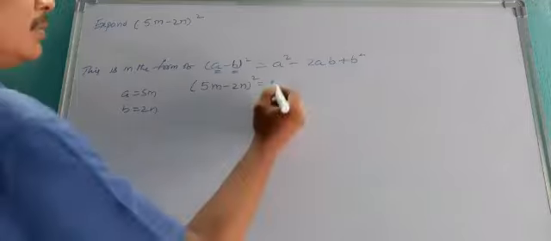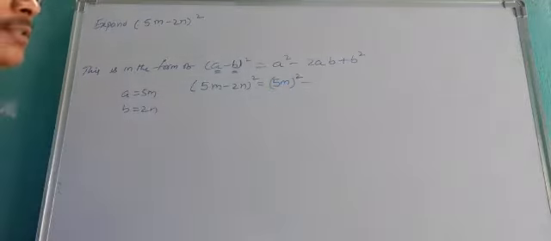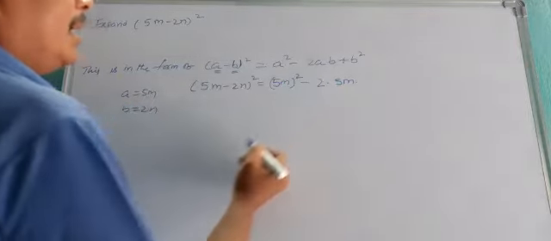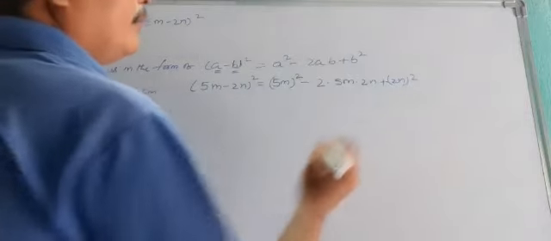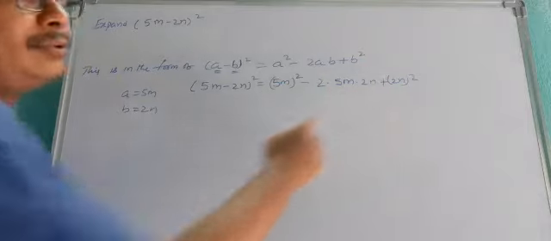Substitute them. So (5m) whole square minus 2ab, 2a means 5m and b means 2n, plus (2n) whole square. Instead of a you substitute 5m, instead of b you substitute 2n.